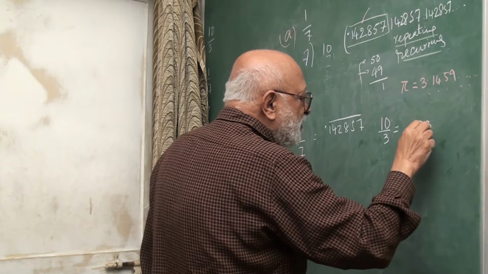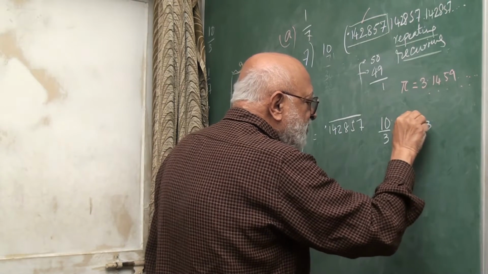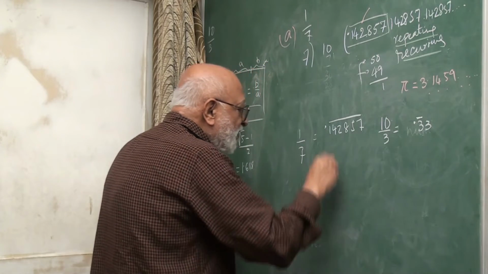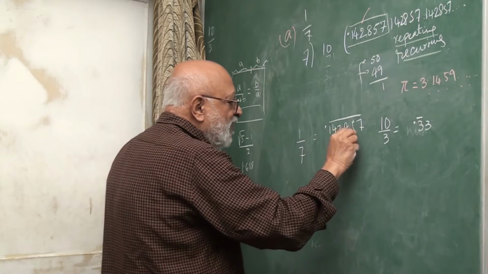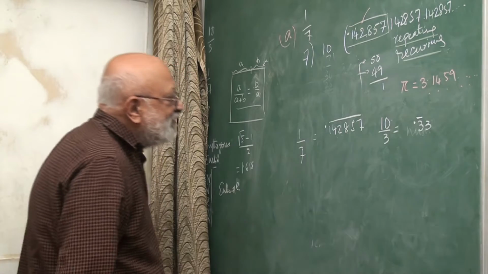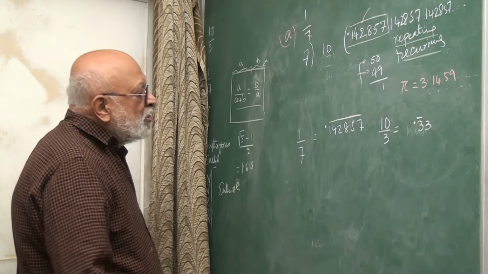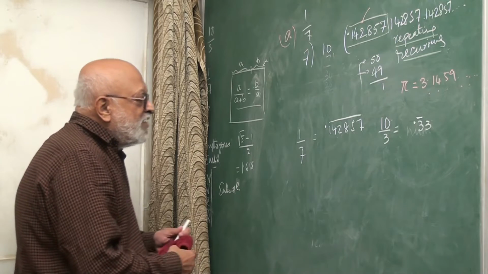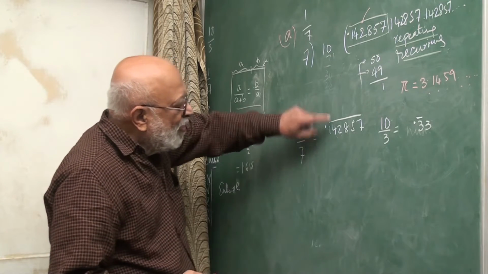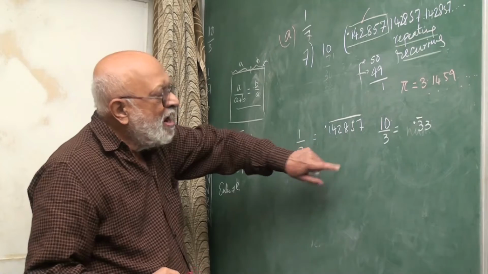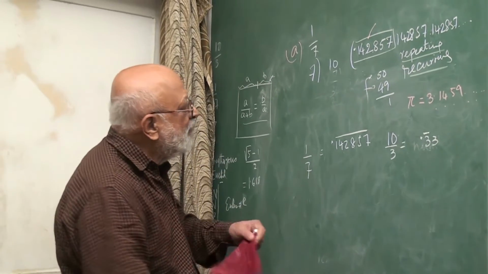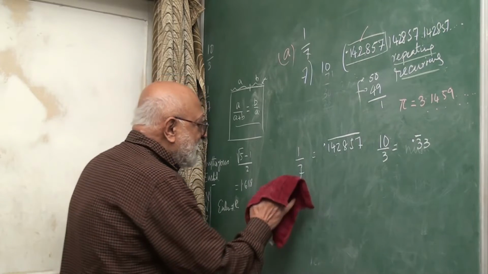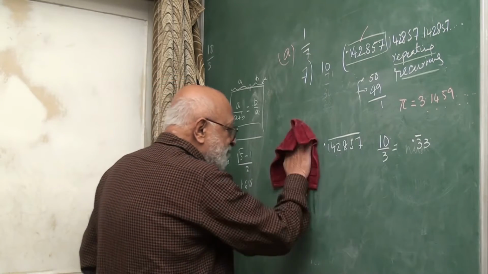So I will put a bar on top of 3 because this is the only digit that is repeating. Here you have got 1, 2, 3, 4, 5, 6, so many digits are repeating. We can take one of these and show how to convert it into the p by q form, and then it can be called a rational number.